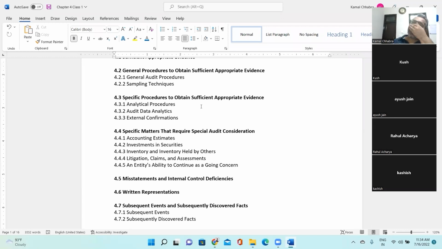So you'll be taking the confirmation from the management on these, like for the preparation and presentation, design, implementation, and maintenance of internal control. And there are certain specific confirmations, which is if you have noticed any misstatement or if you have noticed any deficiency in the internal control.